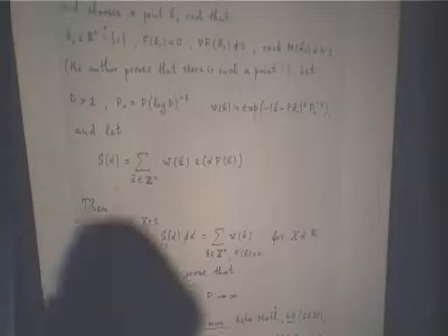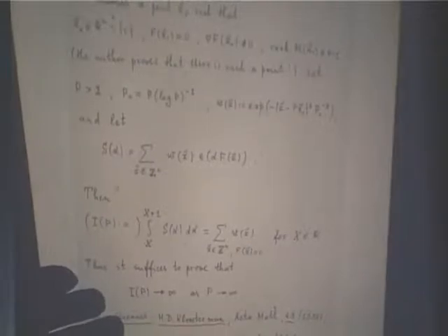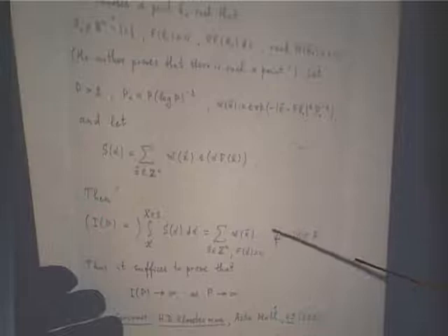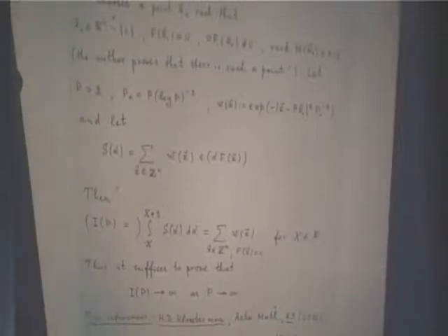Of course, if this sum goes to infinity as P goes to infinity, then there are non-trivial points, because the point at 0 will contribute just one term to this sum.